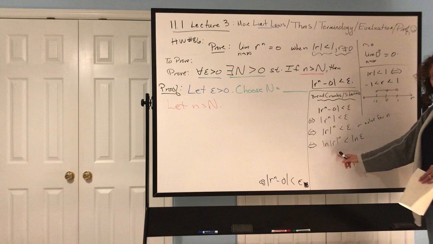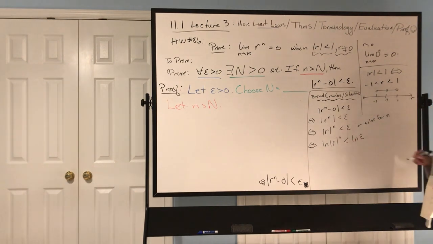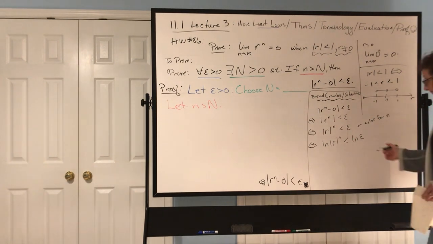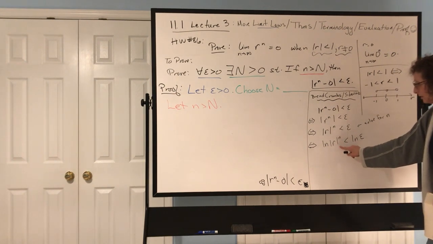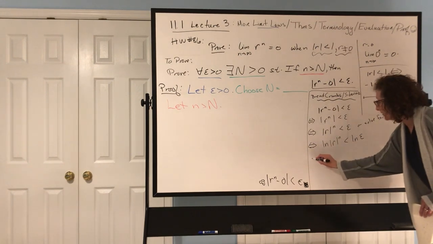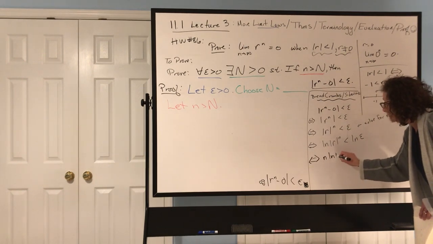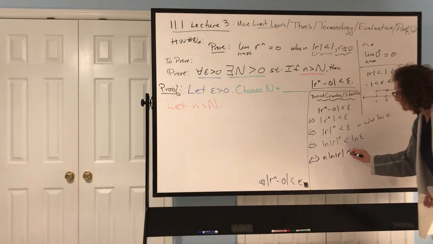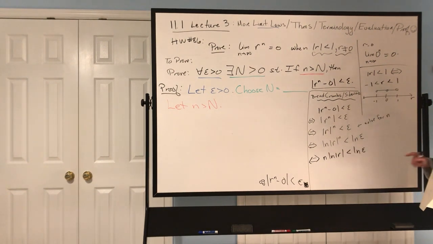Since the natural log function is monotonically increasing, it's legit to go from here to here. Now what's our favorite natural log property? That exponent goes down: the natural log of a to the b is b times the natural log of a. We're also reviewing a bunch of things that will be good to have at our disposal as we move along. So these two are algebraically equivalent by the algebra of natural logs.